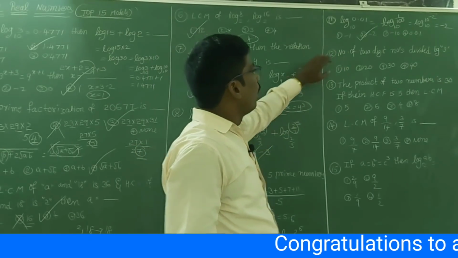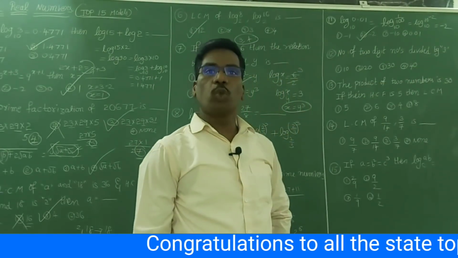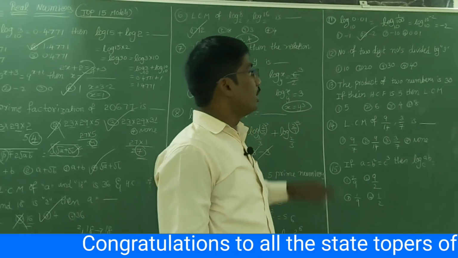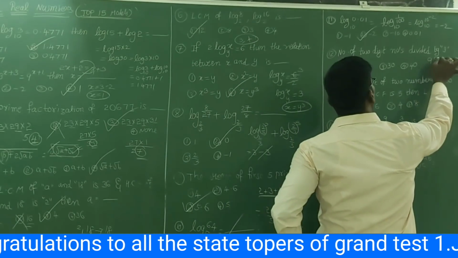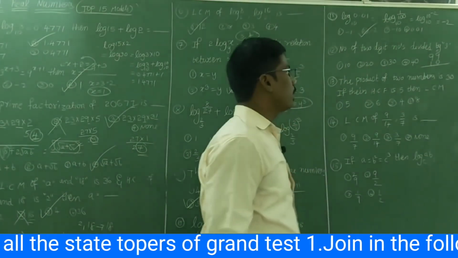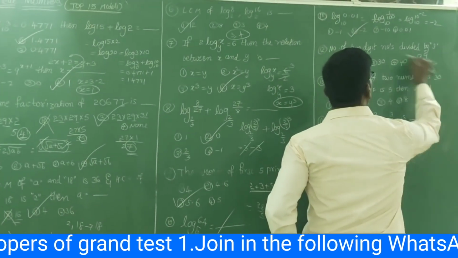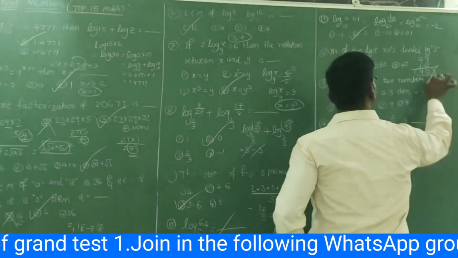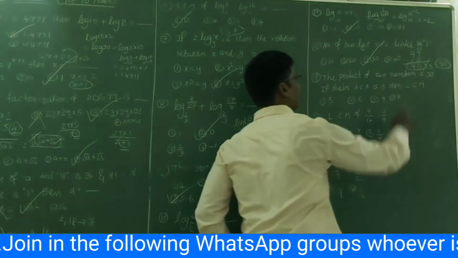Next, the number of 2-digit numbers divisible by 3. See here, 2-digit numbers means the highest number is 99 and the least number is 10. So if you subtract 99 minus 10, that is 89, sorry, 90. So this 90 is divided by 3, 3 ones are 3, 3 tens are 30. So the answer is 30. Third option.